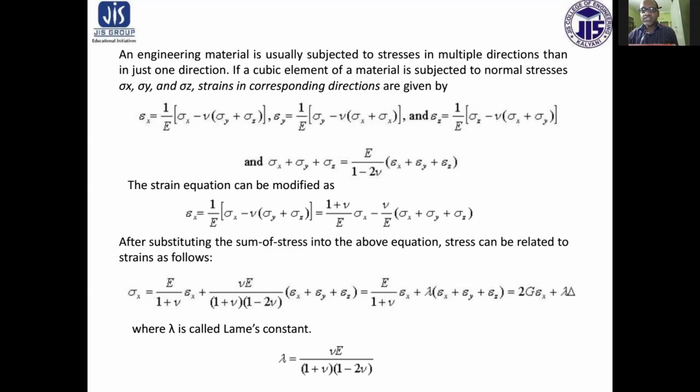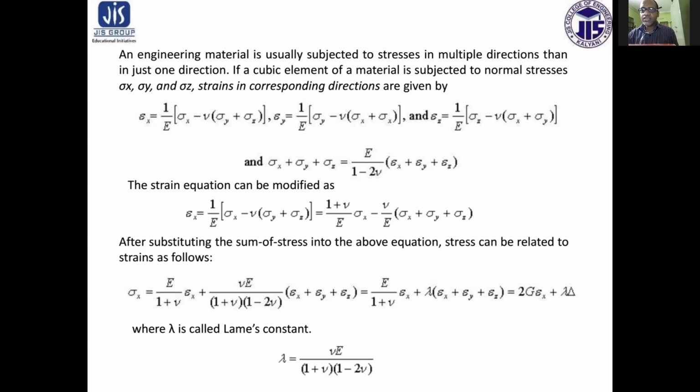That is sigma x equals E by (1 plus nu) into Ex plus nu E by (1 plus nu)(1 minus 2 nu) multiplied into (Ex plus Ey plus Ez).